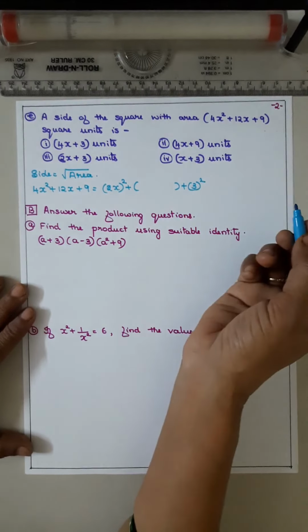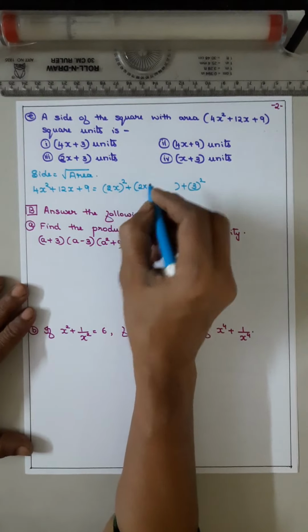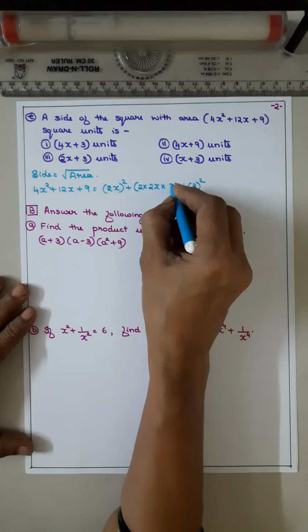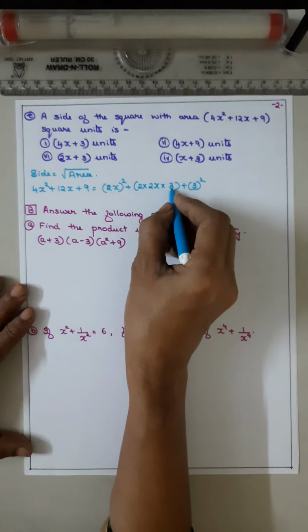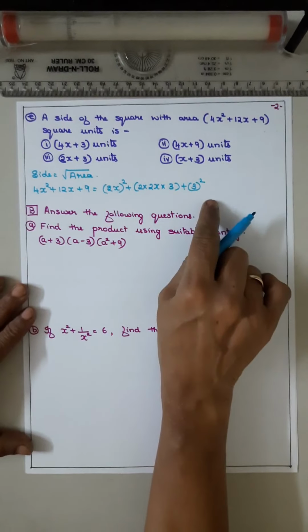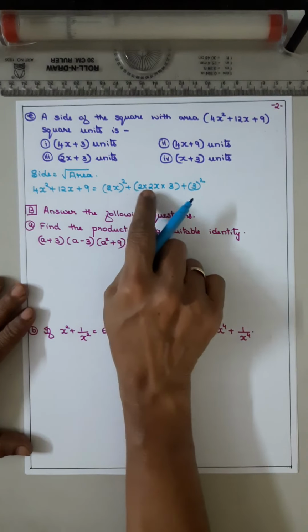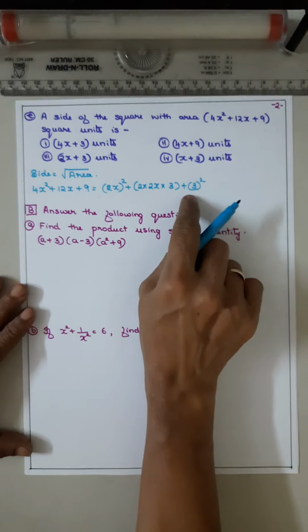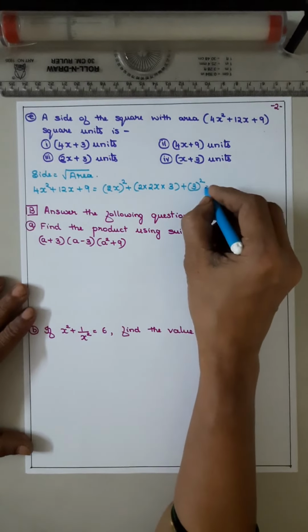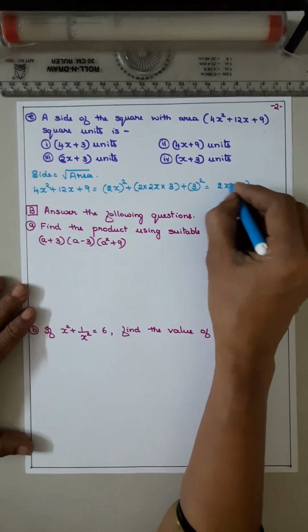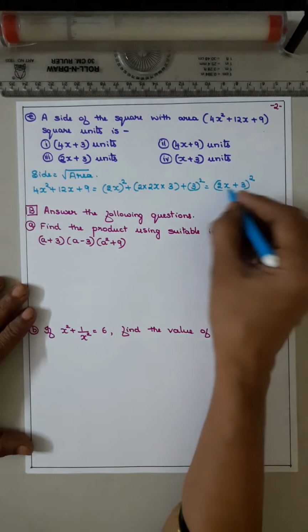So what will the middle term be? 2 into the first term 2x into the last term 3. 2 2s are 4, 4 3s are 12x. Correct. So which identity? a squared plus 2ab plus b squared. That means this became (2x plus 3) the whole square.